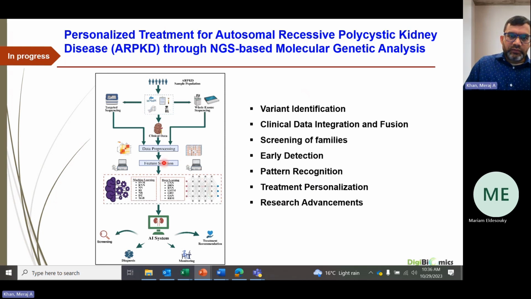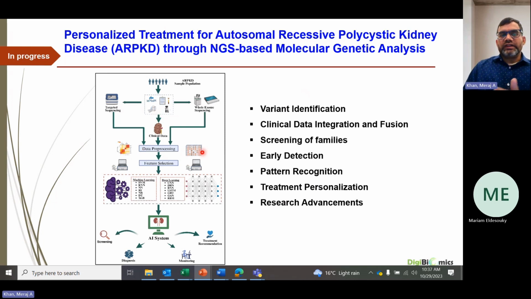What we propose here is to do whole exome sequencing analysis or target sequencing analysis, and based on the sequencing data, we will have the genetic map.